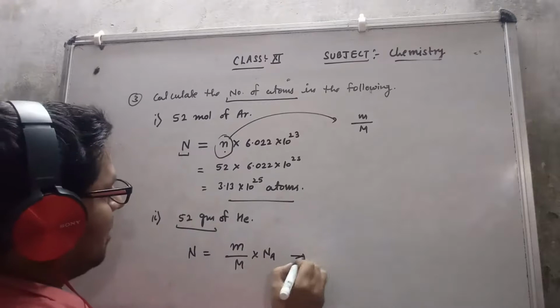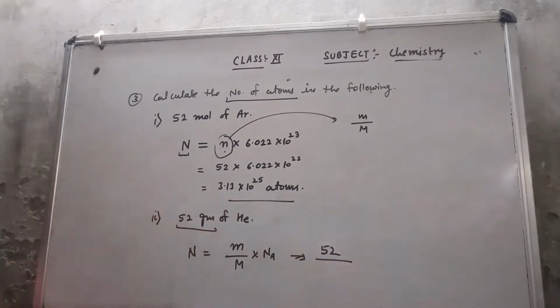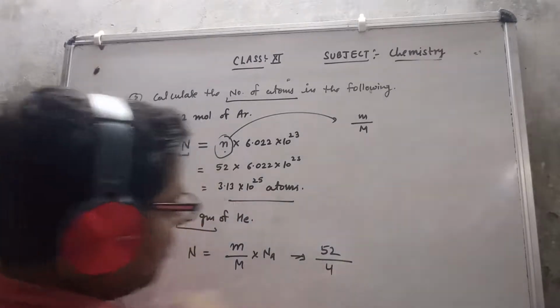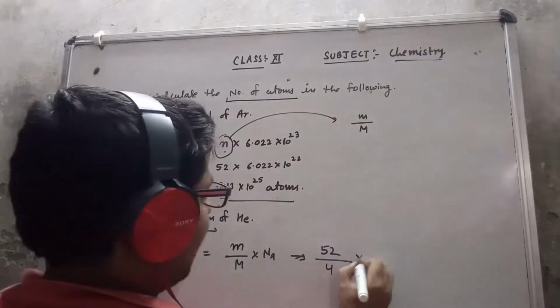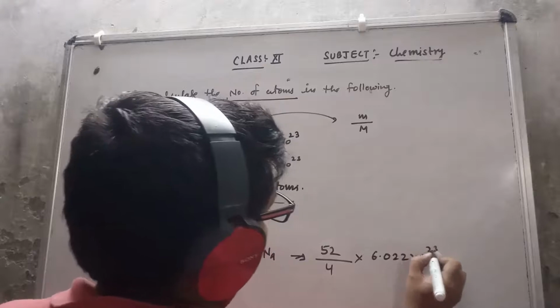The mass they have given here is 52. What is the molar mass of helium? The molar mass of helium is 4. Now Avogadro number is 6.022 into 10 raised to the power 23.